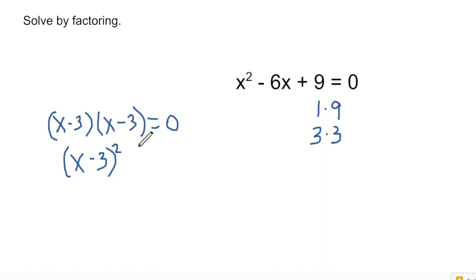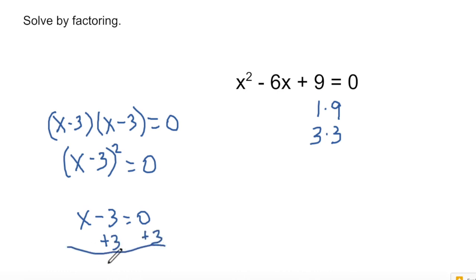And when we solve this, there's really only one solution because these are both the same. X minus 3 equals 0. We add 3 to both sides, and we get x equals 3. So we could do the same thing with the other one, but we're also going to get x equals 3. The solution set is really only one value, 3. So that's our whole solution set, just one answer.